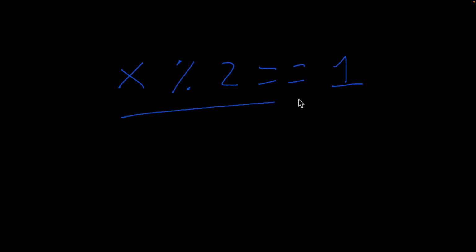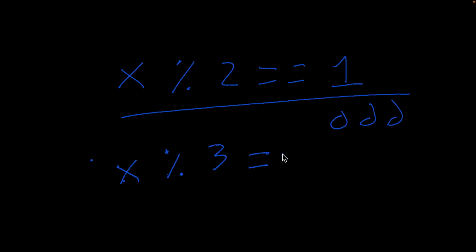Right. And we know this is an odd number. And that's how we'll use the modulo operator in general. If we say x modulo 3 is equal to 0, what do we know about x now?